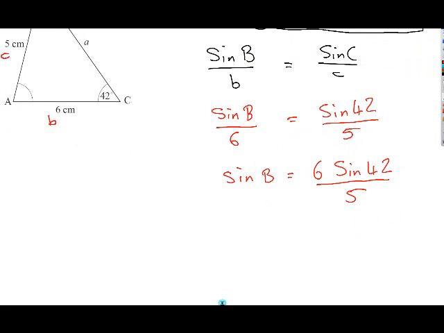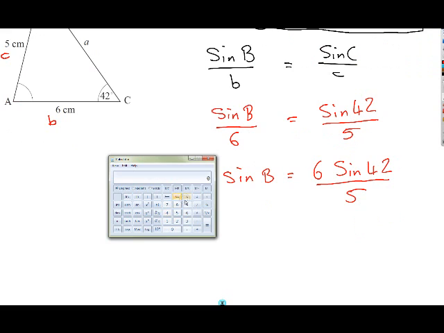If we put that into a calculator now, that will tell us sine b. 42 sine times by 6 divided by 5. Okay.